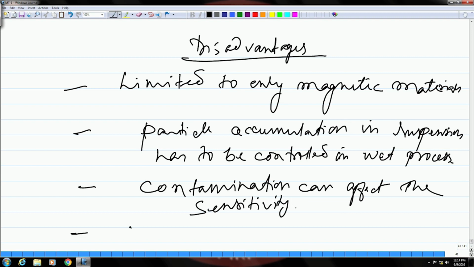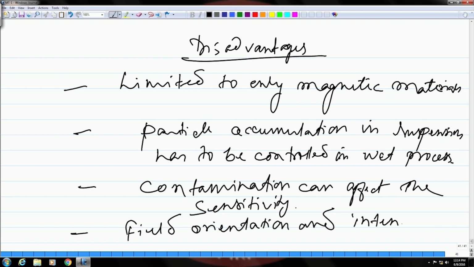And as we have seen, field orientation, that is the direction of the field, and field intensity has to be established before inspection.